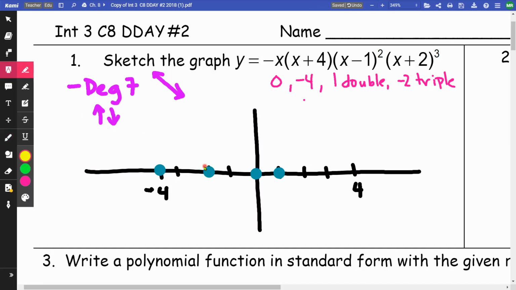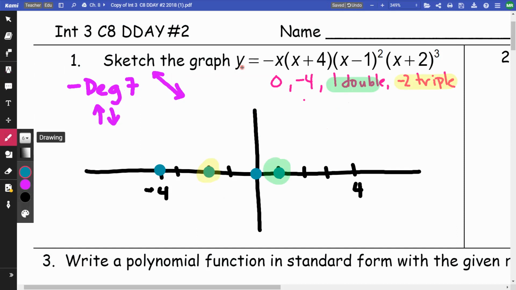So this one here is my triple. And this one here is going to be my double. And because this is a negative odd degree, it's going to be starting above and going down. So let me draw my graph.